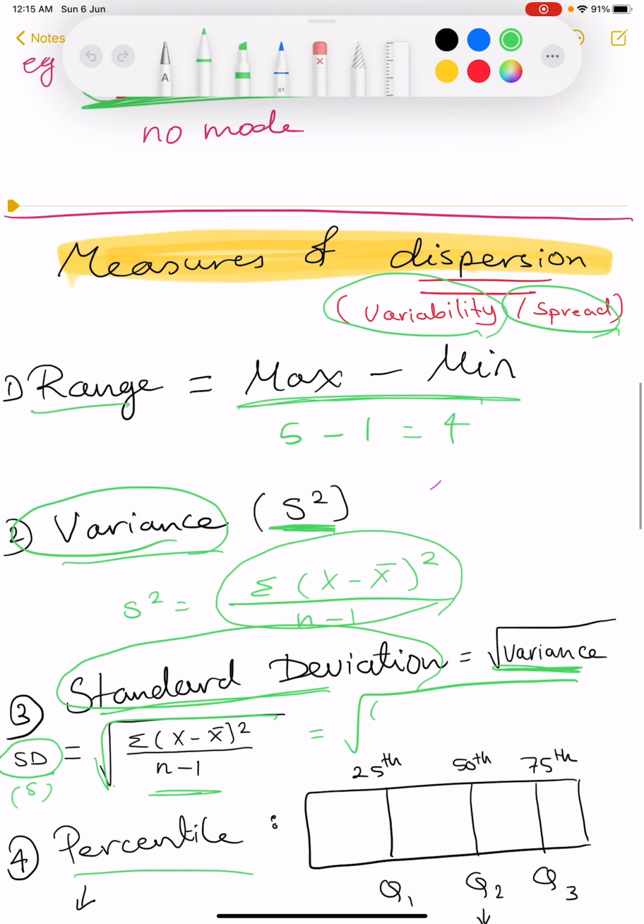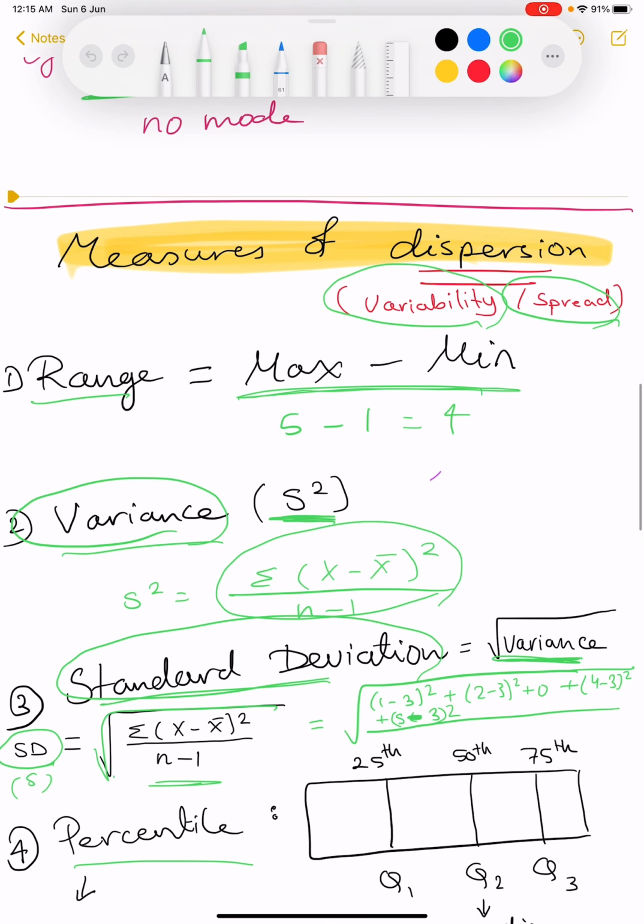So it will be 1 minus 3 squared plus 2 minus 3 squared plus 3 minus 3 squared, which is 0, plus 4 minus 3 squared plus 5 minus 3 squared, over n minus 1, which is 4. And then we just get the answer, and this is the standard deviation.